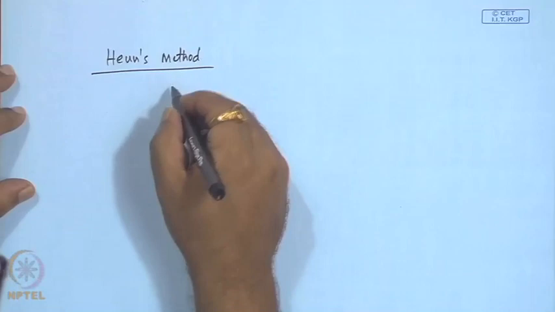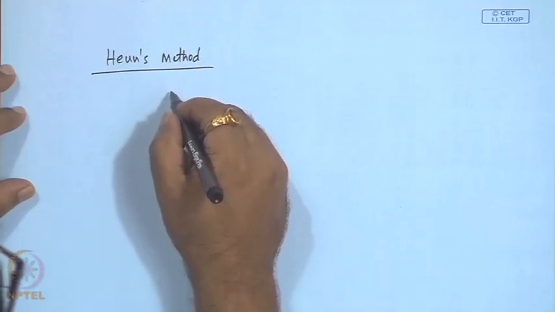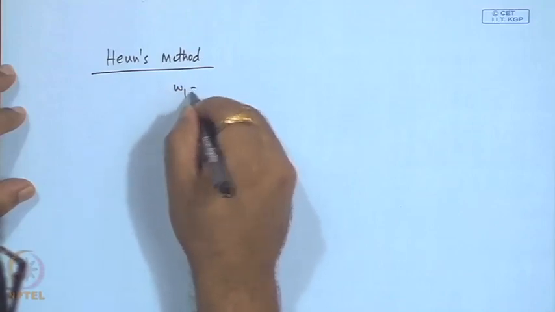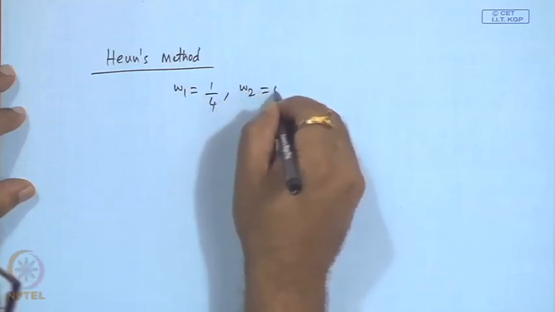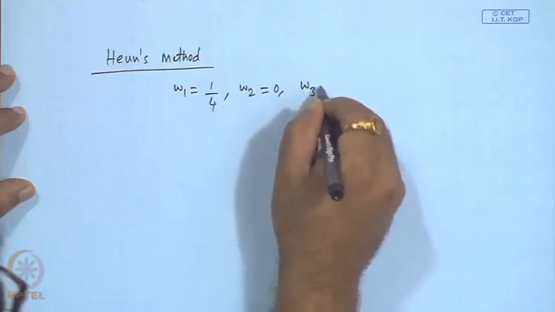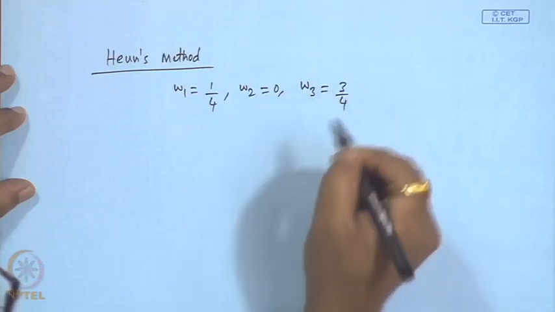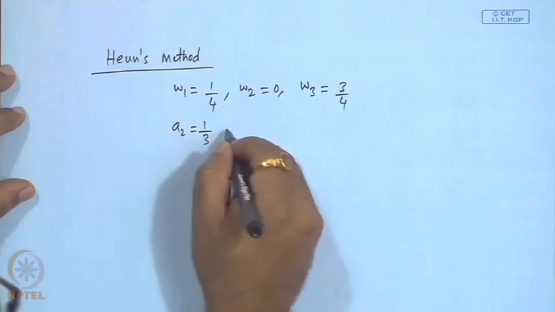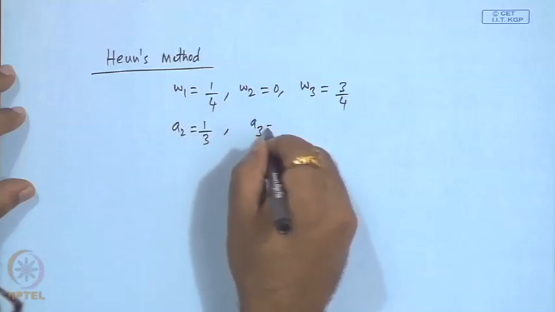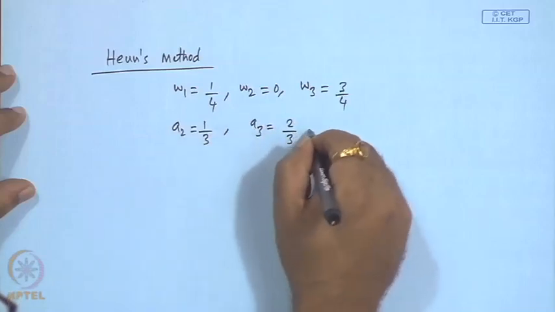So, we make the following choice. A2 is 1/3, A3 is 2/3.